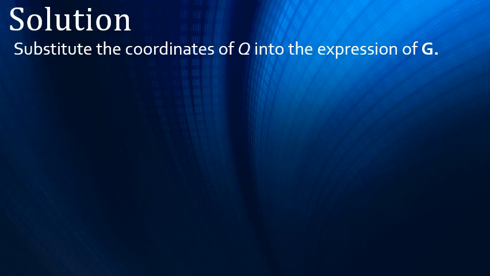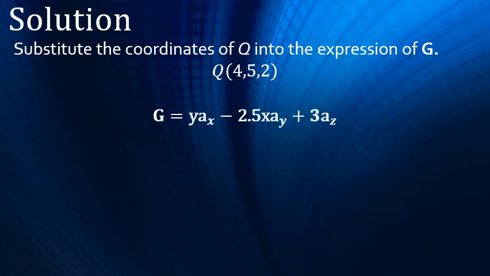Ibig sabihin nun, substitute lang natin yung coordinates na Q dun sa G. Kaya nga G at Q, vector G. So, yung coordinates ni Q natin, 4, 5, 2. Tapos yung G natin, ito. Function of x, y, and z. Kasi nga field siya. Substitute lang natin. So, dito sa point Q, ang x natin ay 4, ang y ay 5, z ay 2. Substitute lang natin yung mga values na yun dito sa G.